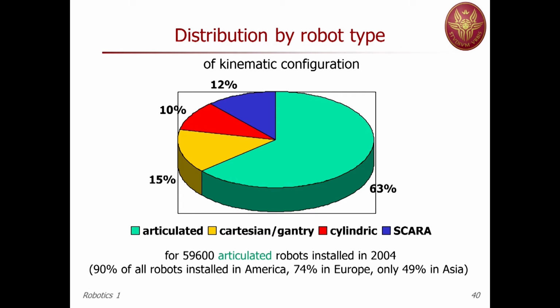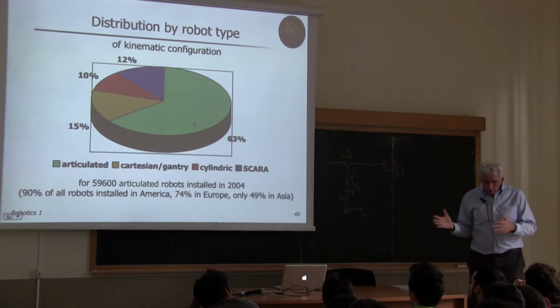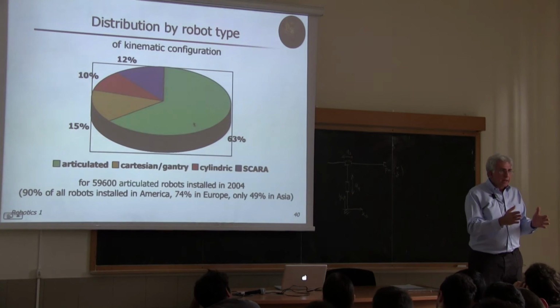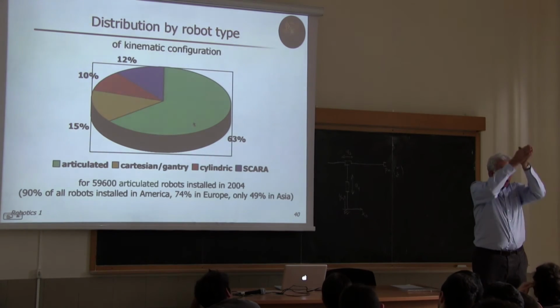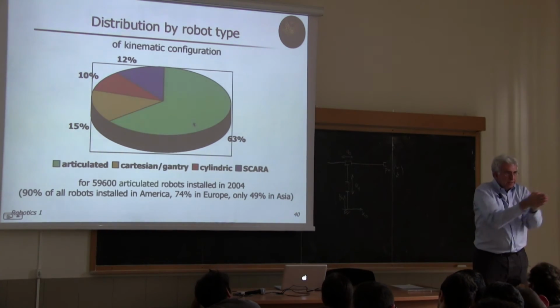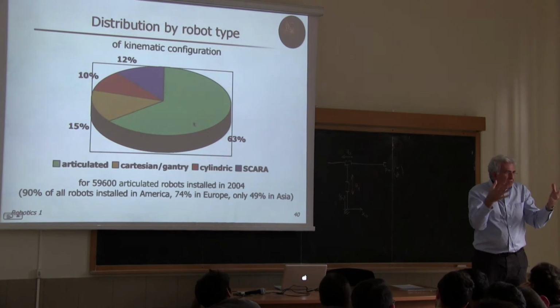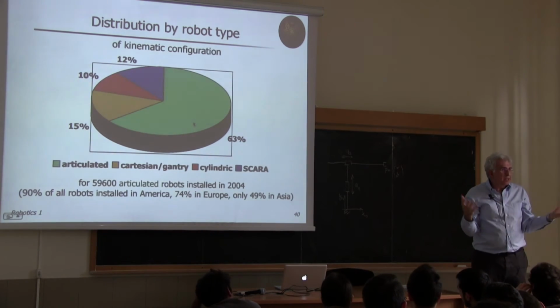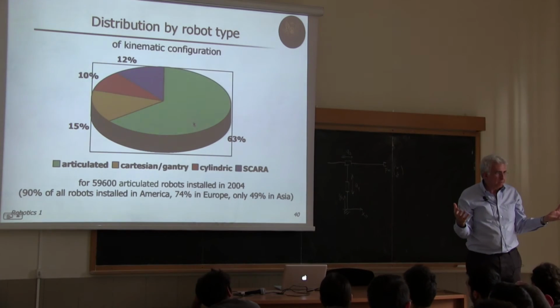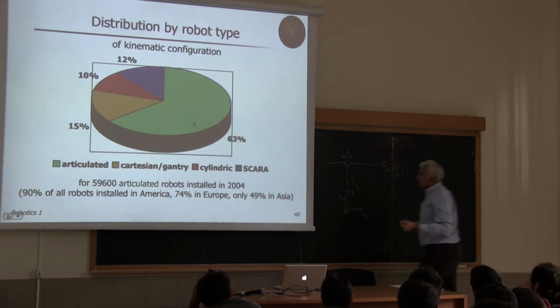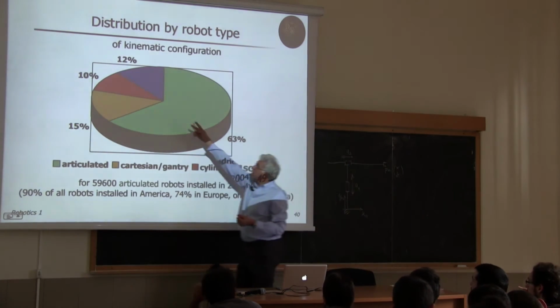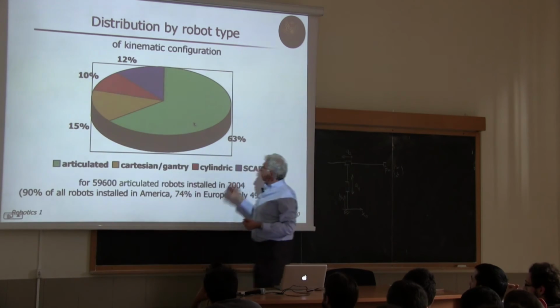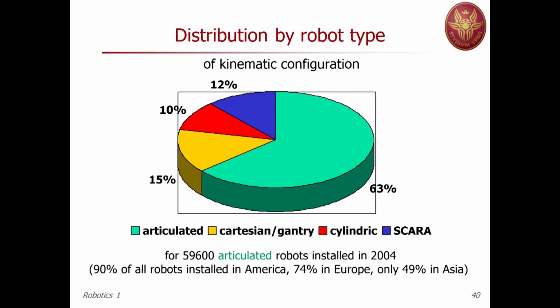Cylindric means that you have essentially one revolute joint and then two prismatic joints that go up and down and extend, so that the three joints constitute a set of cylindrical coordinates in the 3D space. Okay? And this is 10%, and then you have a larger percent, 12, of the SCARA type. 4 joints, 1 prismatic, 3 revolute. Okay?